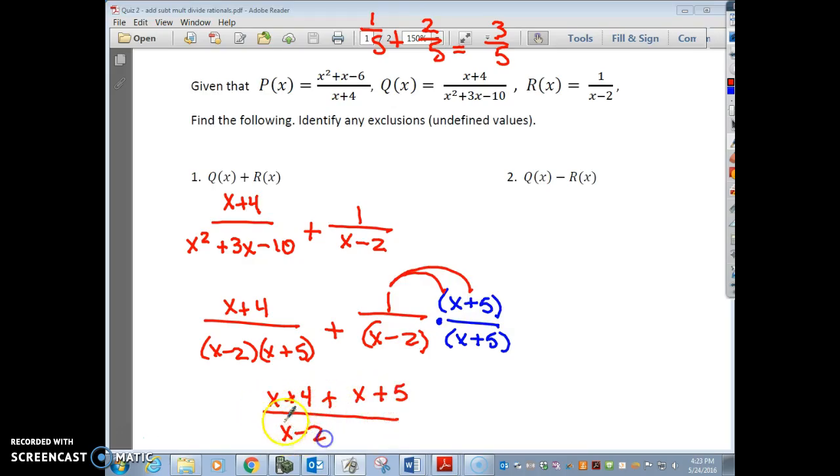You see how up here we have 5. When I add these two, it just became one fraction. Well, this becomes one fraction. X minus 2 times x plus 5 is my new denominator. And then we just combine the like terms. We have x and x is 2x. So 2x plus 9 over x minus 2 times x plus 5.